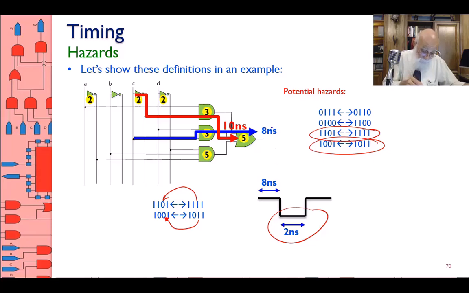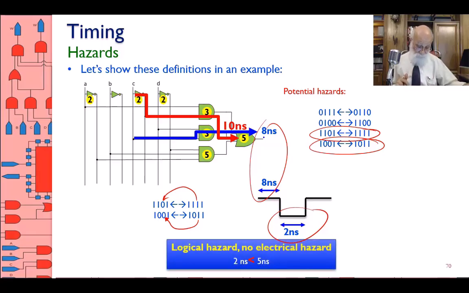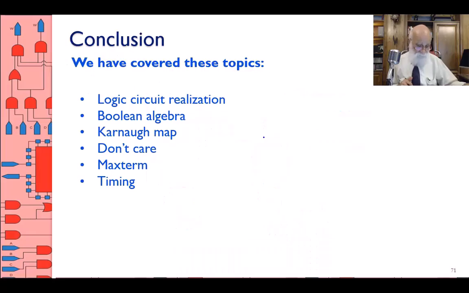When does that happen? The glitch starts happening after the shorter delay, and the duration of the glitch is the longer minus the shorter. Okay? It is logical, not electrical.